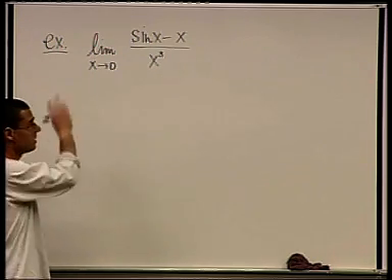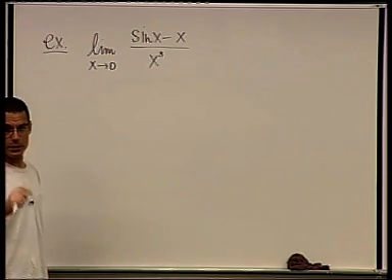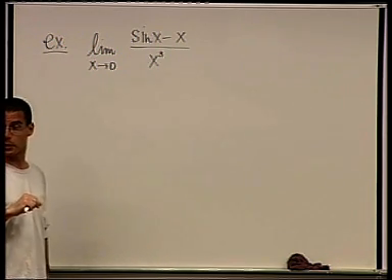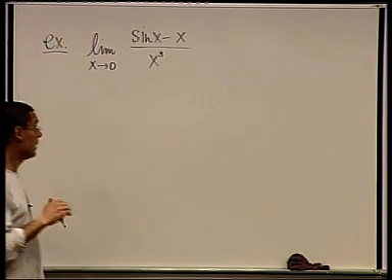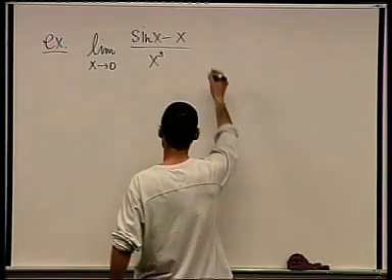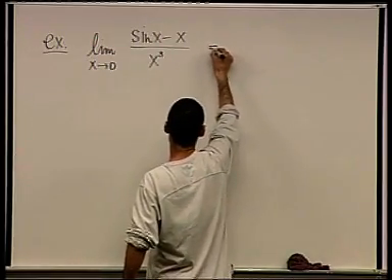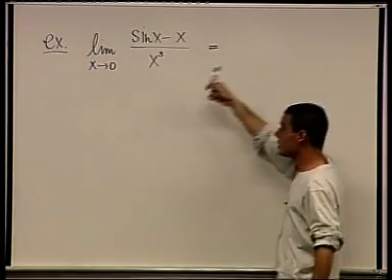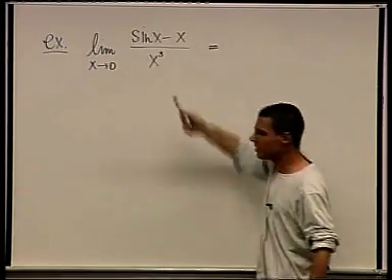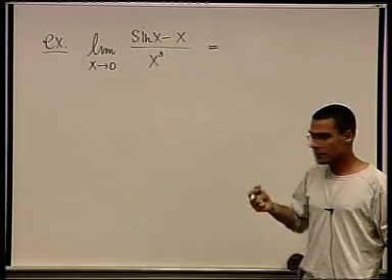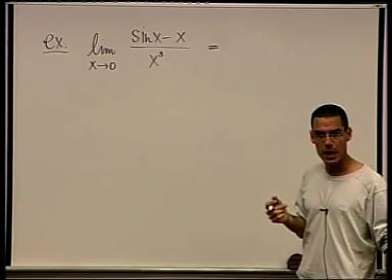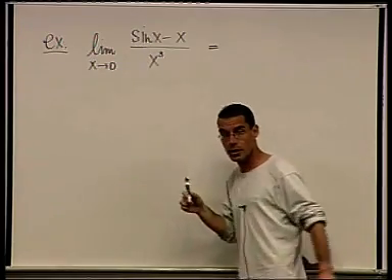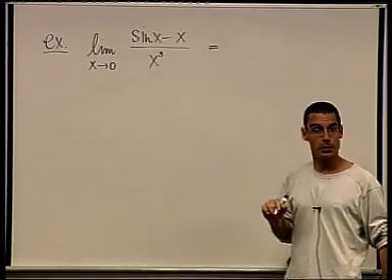You can use L'Hopital easily and solve it. Okay? But I want to do it differently, not via L'Hopital. What's tricky here is this sine function. The rest is just powers of x. I want to replace this sine of x with its Taylor polynomial.